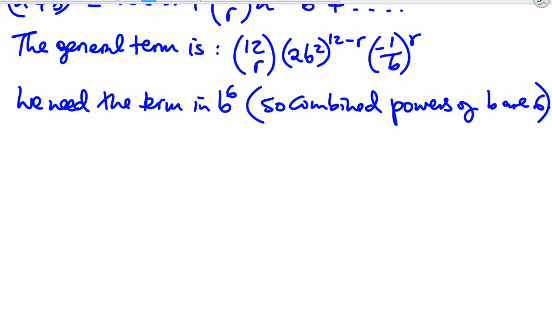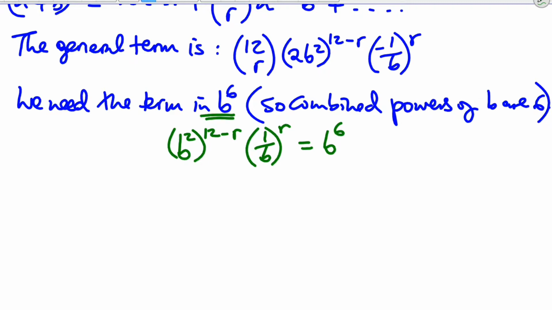In the general term, we'll have b squared to the power of 12 minus r multiplied by 1 over b to the power of r. That should be equal to b to power 6, because what we want is the term in b to power 6, which means the combined powers of b are 6.